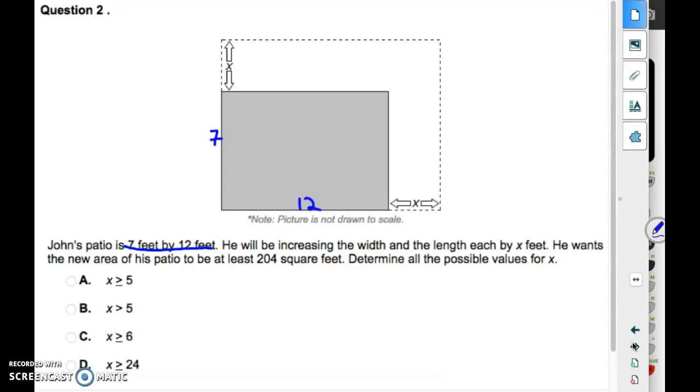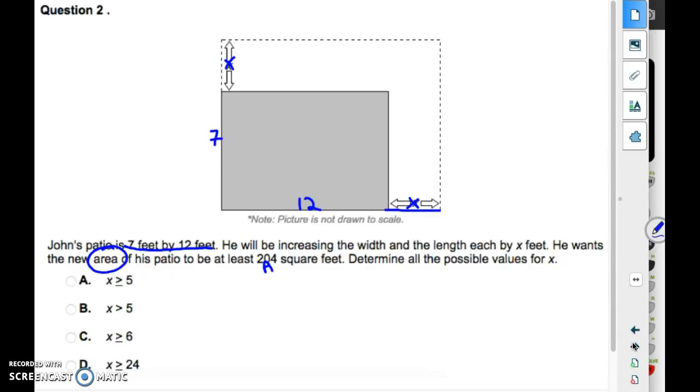He will be increasing the width and the length by x feet. So he's going to add on x here, and he's going to add on another x over there. He wants the area of his new patio to be at least 204 square feet. Determine all possible values of x.